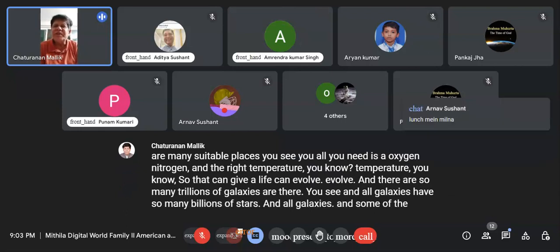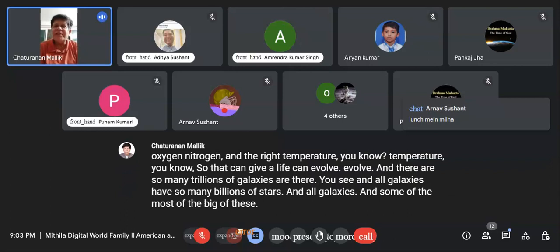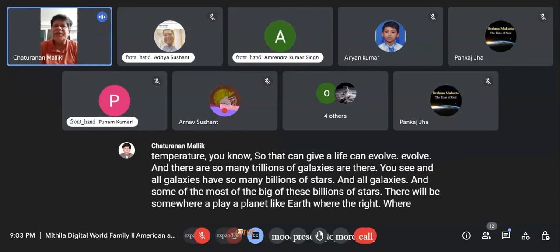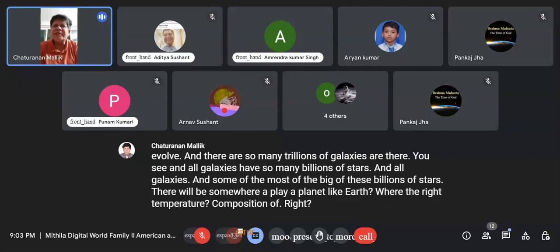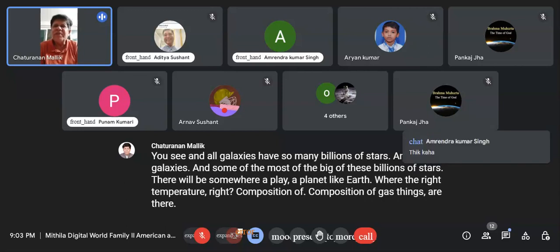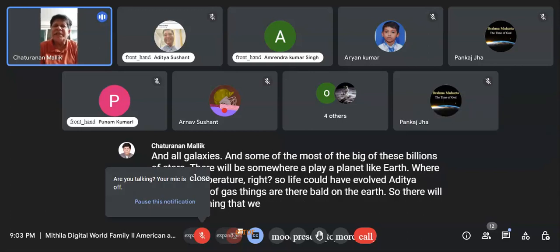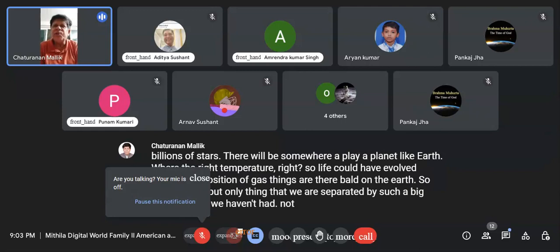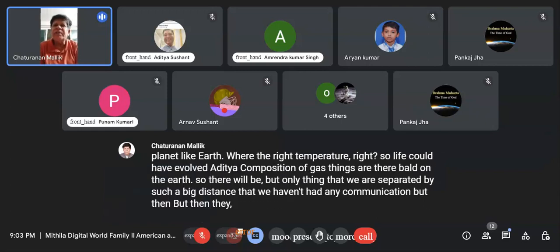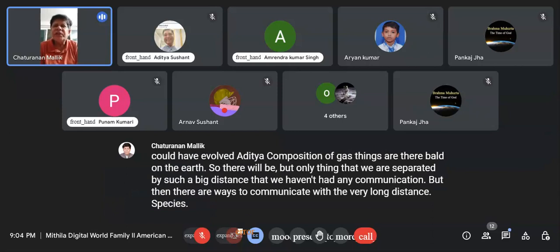Among these billions of stars, there will be somewhere a planet like Earth, where the right temperature and right composition of gases are there. So life could have evolved as it evolved on the Earth. The only thing is that we are separated by such a big distance that we haven't had any communication yet. But there are ways to communicate with very distant species if they are there.